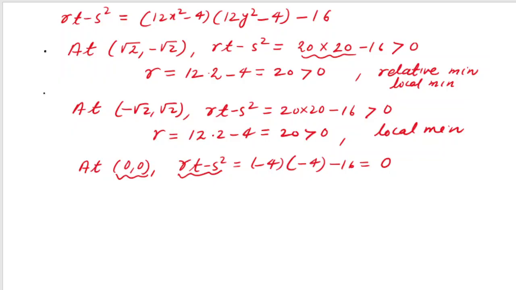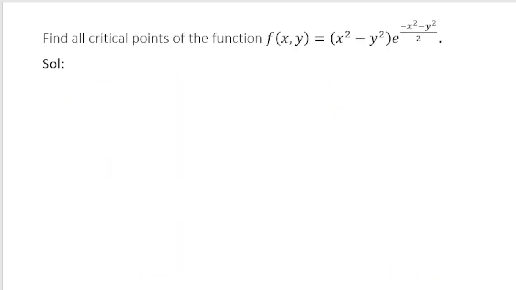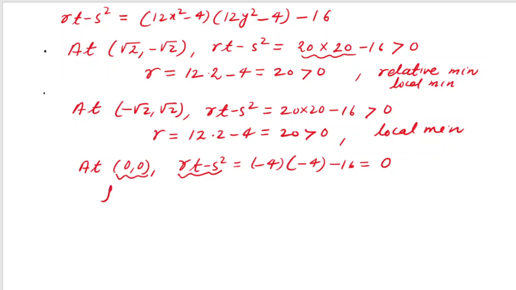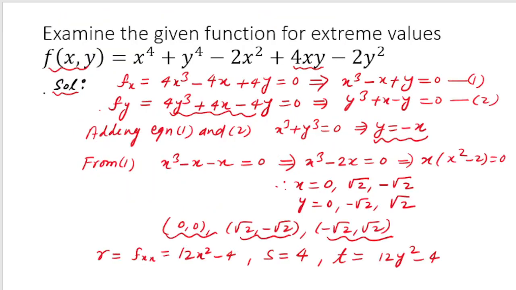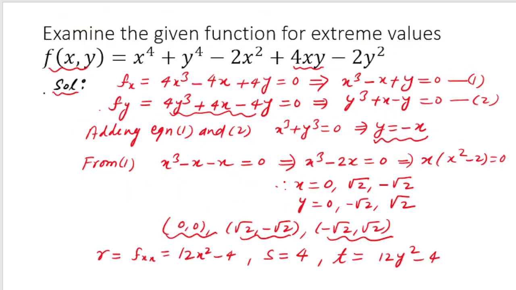For our convenience, we are going to write the function one more time. So the given function is f of x comma y is x to the power 4 plus y to the power 4, and minus 2x square plus 4xy, and then minus 2y square.